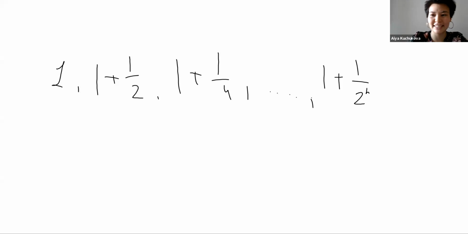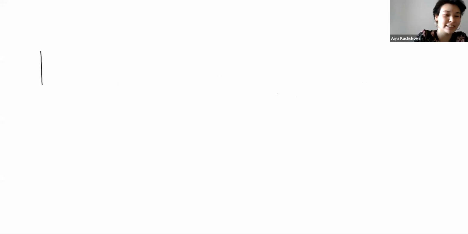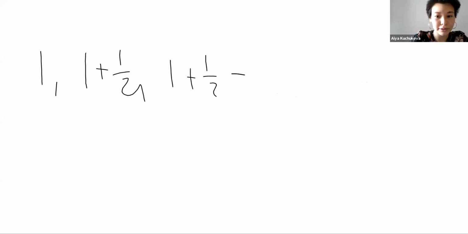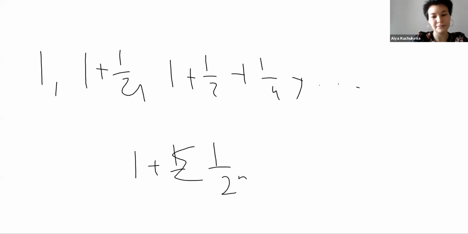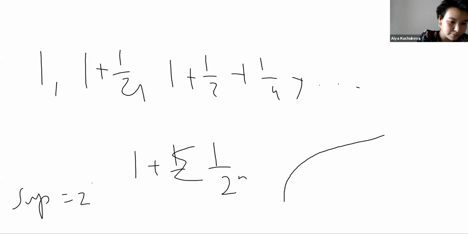Sorry, I made a stupid example. 1, 1 plus 1/2, 1 plus 1/2 plus 1/4, and so on: 1 plus the sum of 1 divided by 2^n. This would be an increasing sequence, which would grow really slowly at the end, but it still would grow. So a maximum doesn't work, but a supremum works, and the supremum of the sequence is just 2, right?